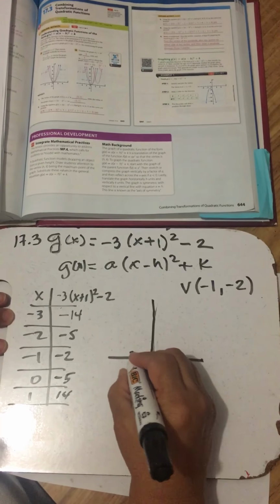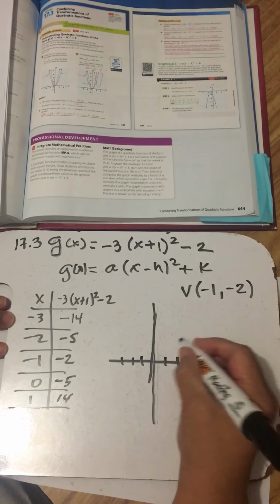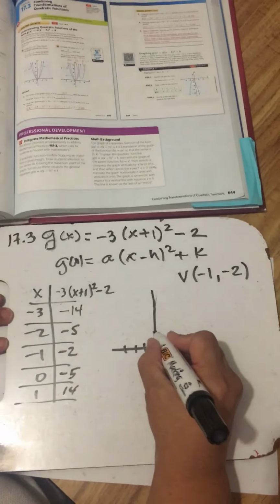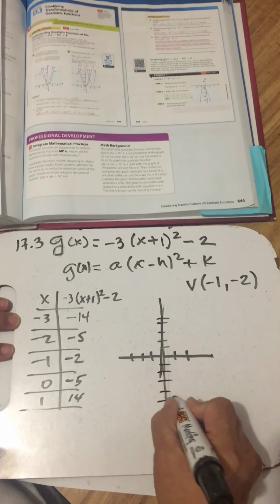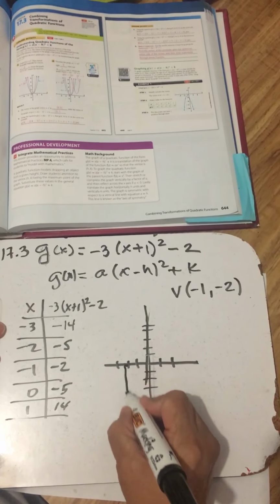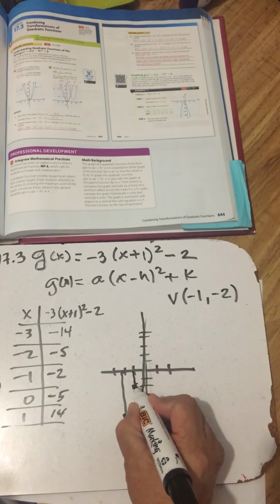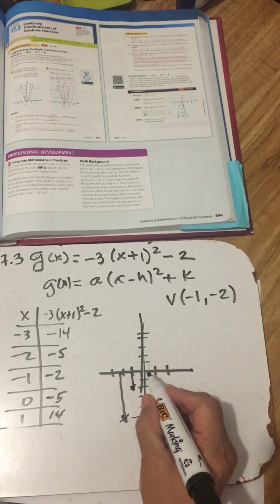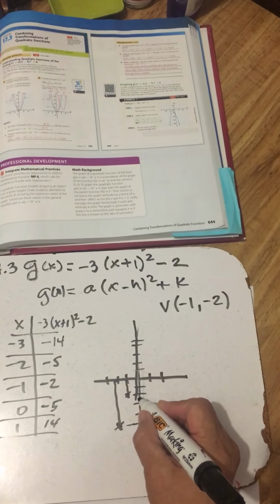We obtain 1, 2, 3. Then at minus 2, it's going to be 1, 2, 3, 4, 5, it's going to be minus 5. And minus 1 is minus 2. And 0 is going to be minus 5.